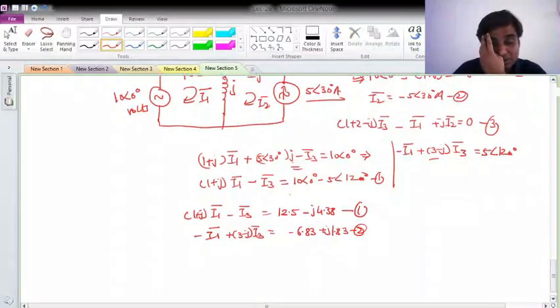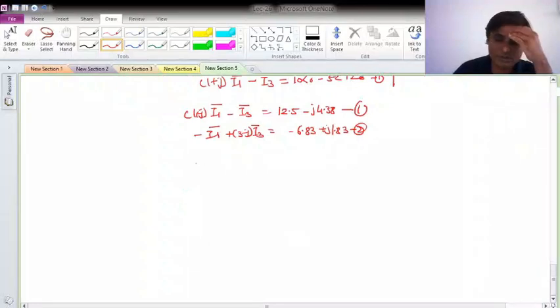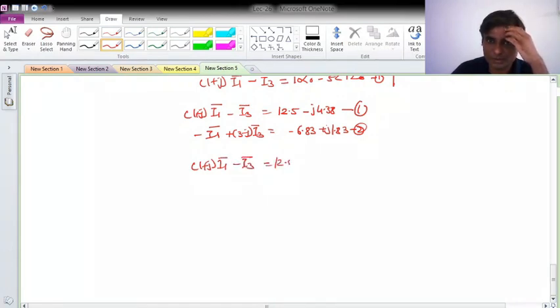Okay, now you can use a method by which you can solve it. I can use the method of simultaneous equations, where I multiply 1 plus j with this, so that this and this will cancel. Okay, let us solve. So this will be 1 plus j I1 minus I3 phasor, which is 12.5 minus j 4.38, and this is minus 1 plus j I1 phasor plus 4 plus 2j.